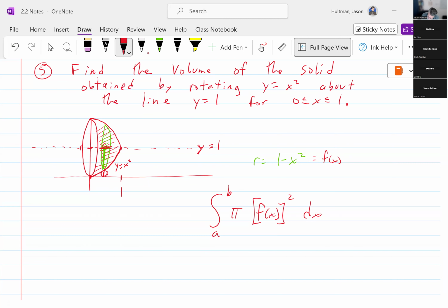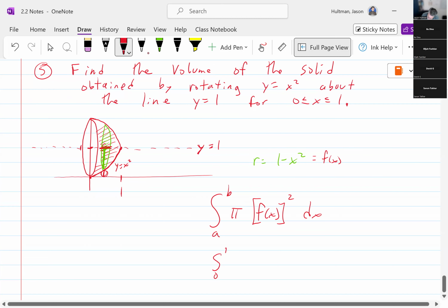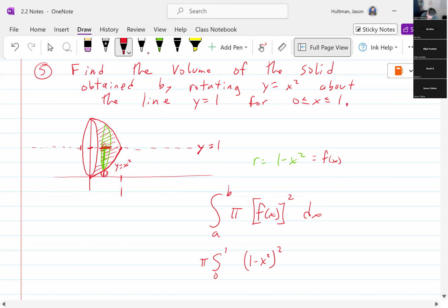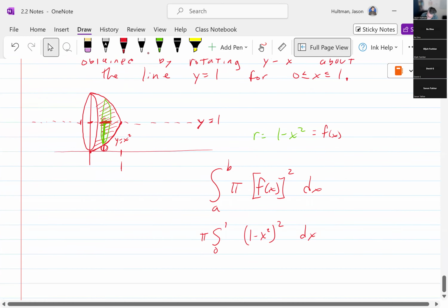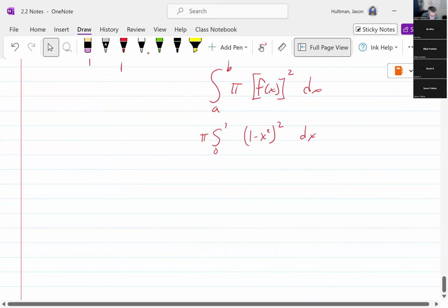Okay. So we're still going from 0 to 1. Let's plug in what we know. 0 to 1 of pi, I'm going to bring the pi outside. F of x is 1 minus x squared, squared, dx. So we're going to go pi 0 to 1. We're going to multiply this out. This becomes 1 minus 2x squared plus x to the 4th dx.